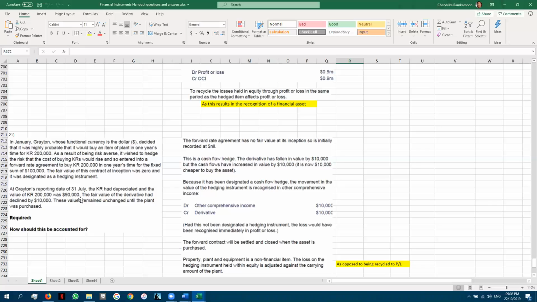These values remain unchanged until the plant was actually bought. So from 31st July, the reporting date, until when the plant was actually bought, these values remain unchanged. The forward rate agreement has no fair value at its inception, so is initially nil.